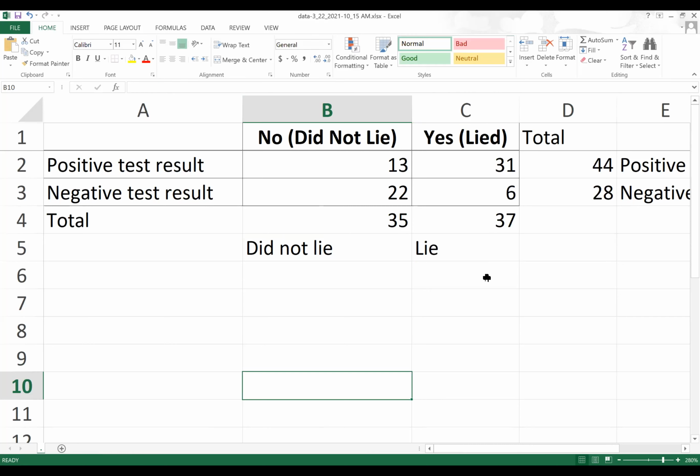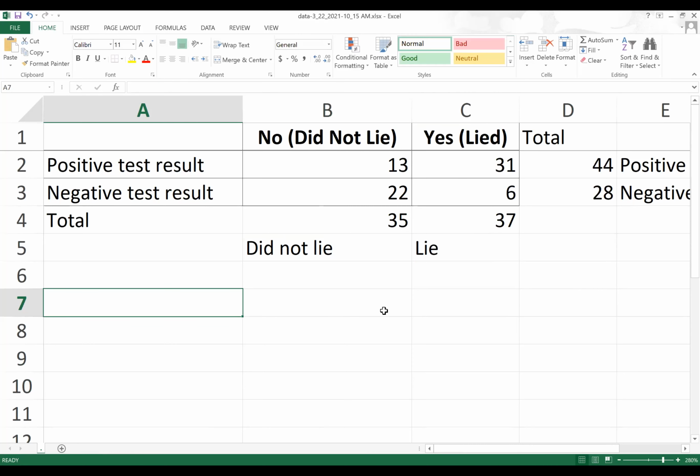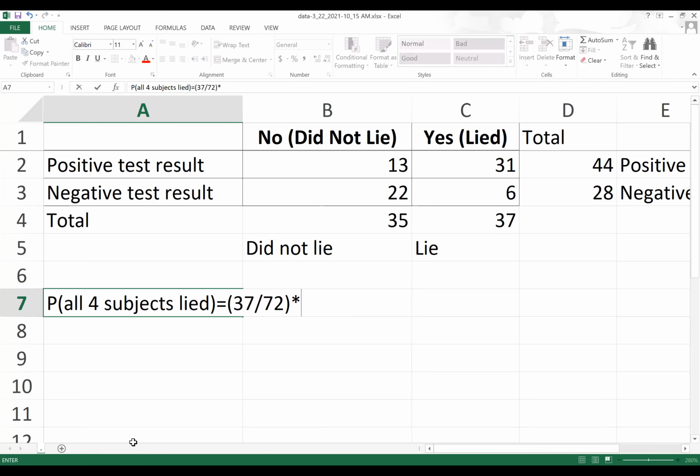Okay, so here we know that 37 of them lied out of 72 people. So we're picking 4 subjects. You want to find the probability that all 4 subjects lied. Look at picking the first one. We're going to get 37 people who lied out of 72. And the key thing here is the question tells us it's without replacement.